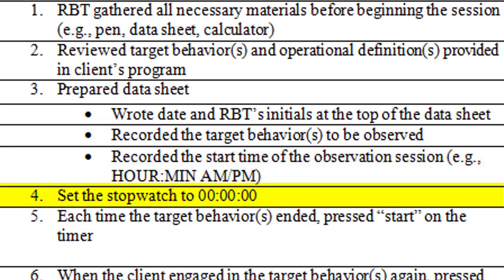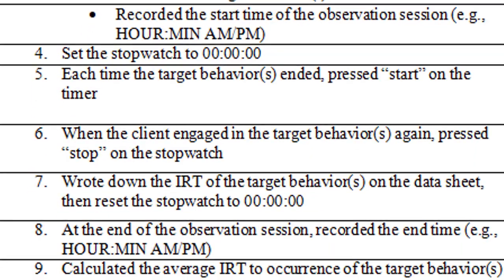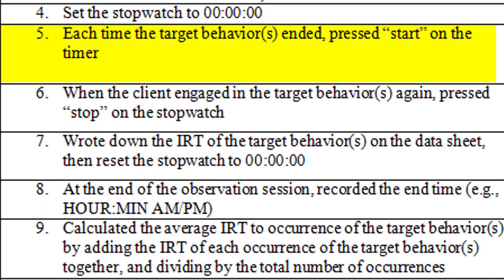Step number 4 is that the RBT set the stopwatch to 0 minutes and 0 seconds. This will look similar to this. And each time the target behavior ended, the RBT pressed Start on the timer. Each time the target behavior started, the RBT pressed Stop on the timer. Once the RBT collected data on all occurrences, they wrote the interresponse time on the datasheet and restarted the timer.